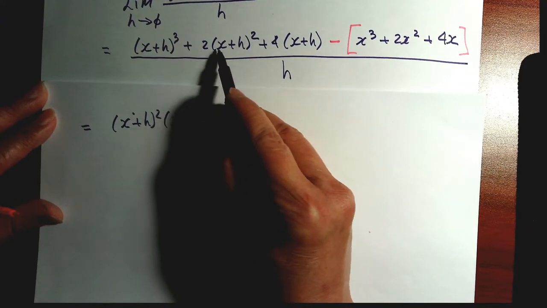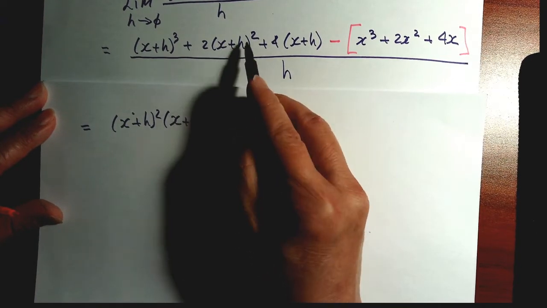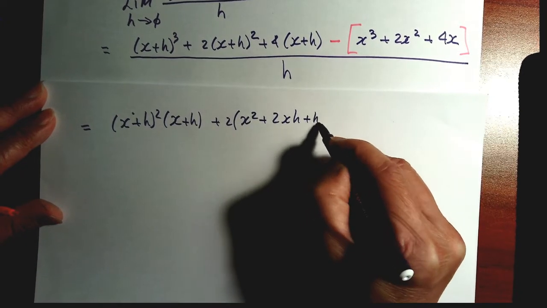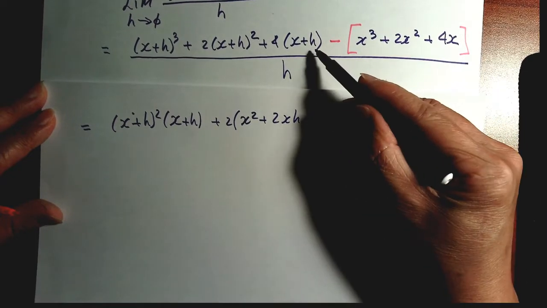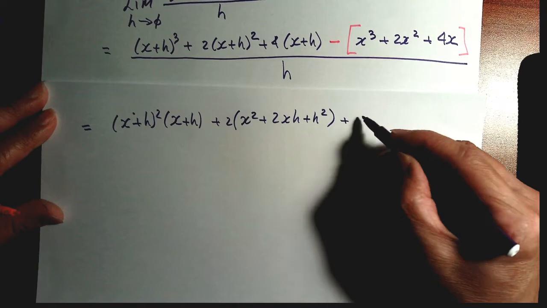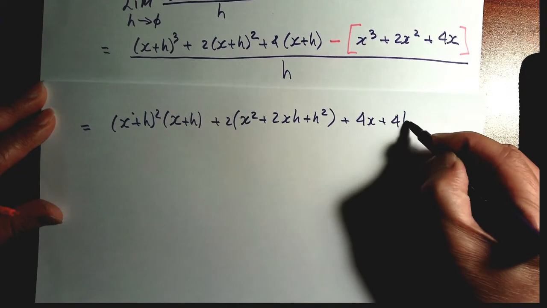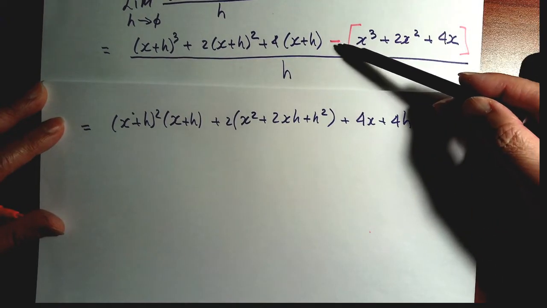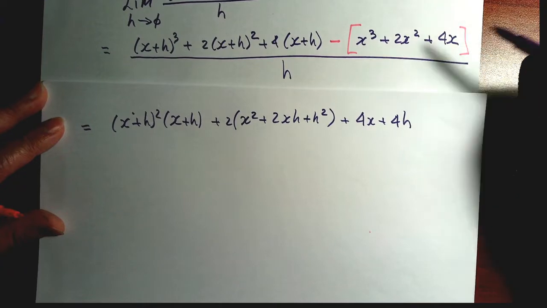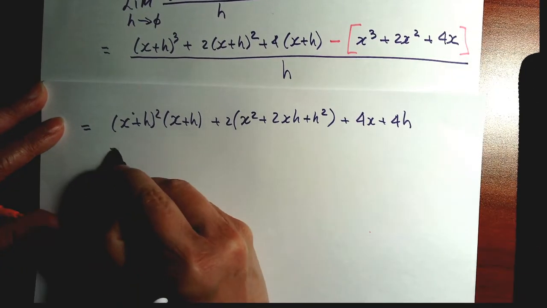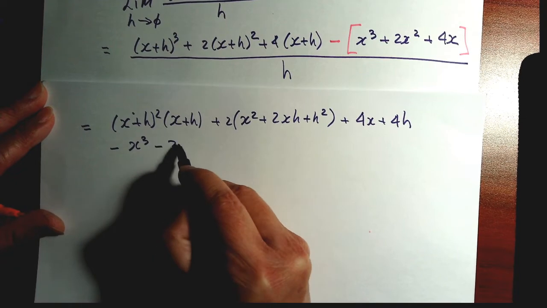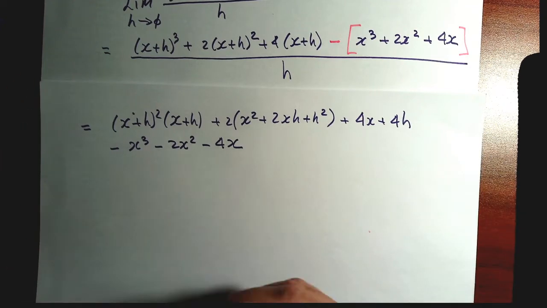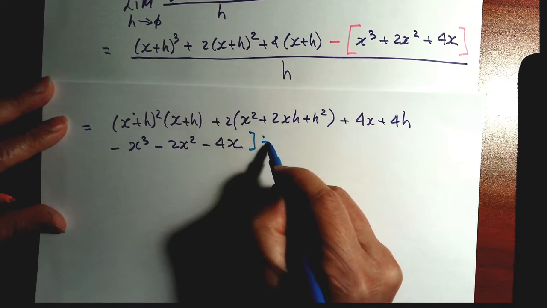Then I'll expand 2 times x plus h squared, where x plus h squared would be x squared plus 2xh plus h squared. Expand 4 times x plus h as 4x plus 4h, and this expression is negative in front, so every single term becomes negative. So I get minus x cubed minus 2x squared minus 4x, the whole thing divided by h.